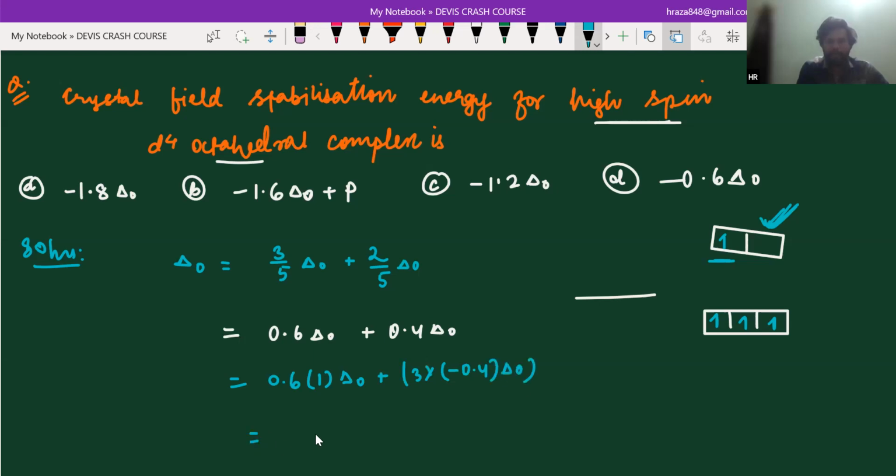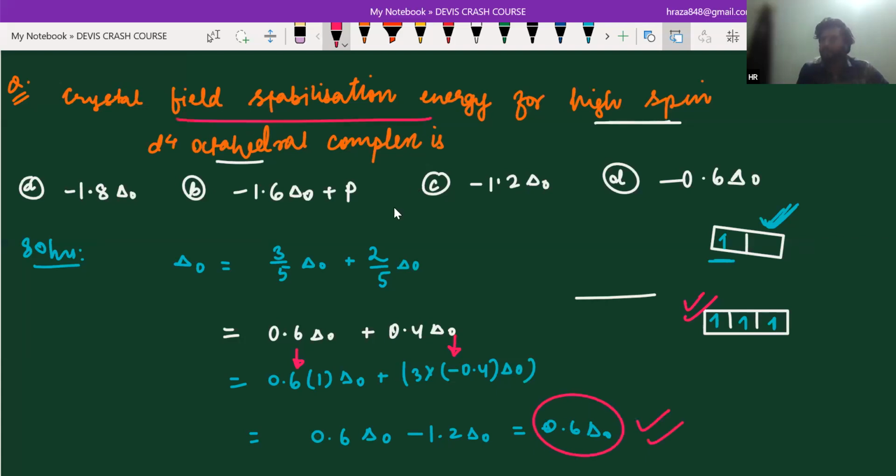So it will have a value 0.6 delta naught and minus 1.6 delta naught, which will have a value minus 0.6 delta naught. So in the lower energy level, we use a negative sign, and in the higher energy level, we use a positive sign. In this way, you can easily calculate the value of the crystal field stabilization energy. This is CFSE.